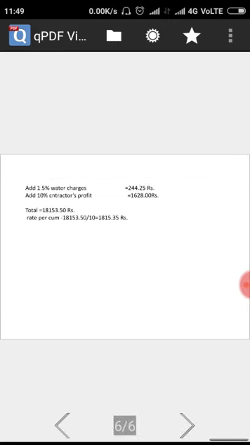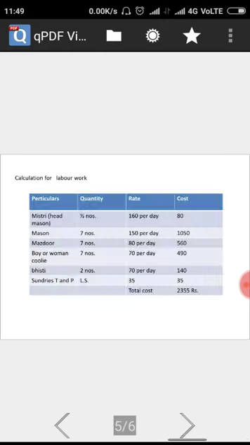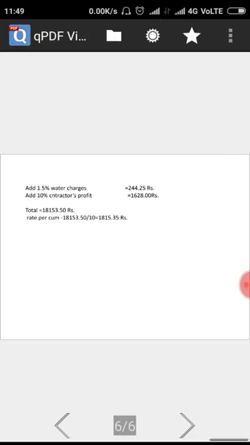The total cost. Add 1.5% for water charges, that is equal to 244.25 rupees. Add 10% contractor's profit, that is equal to 1628 rupees.